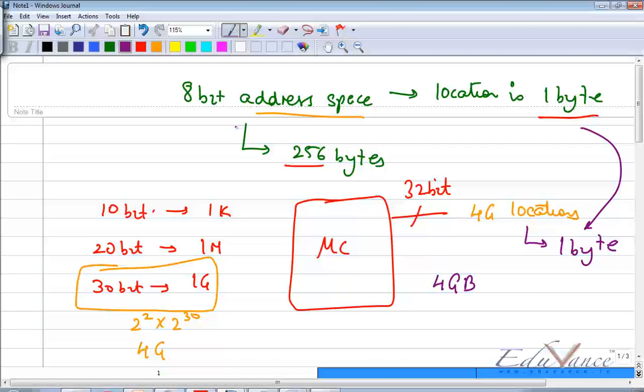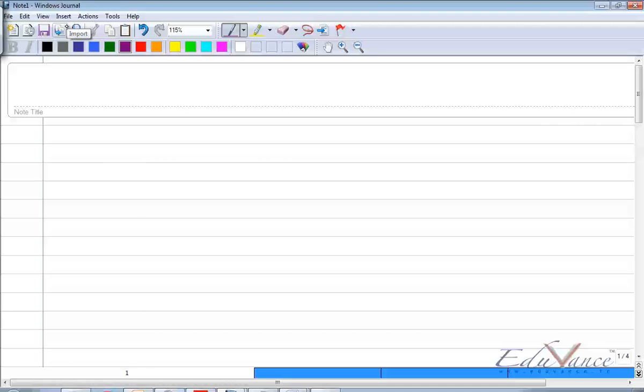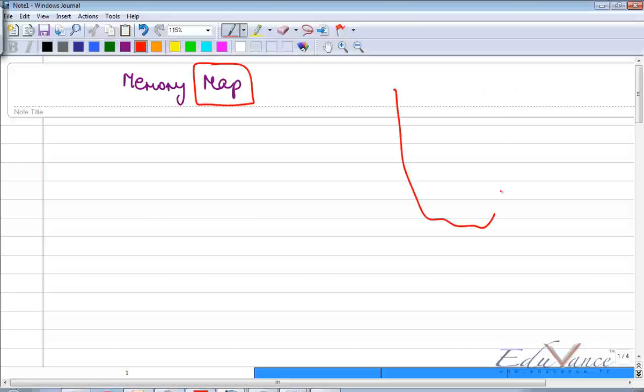Now, the second concept that we must understand is the concept of memory map. If you look at a typical map, if you draw a map of a city, you can say that this region of the city is one suburb, then another region is another area.